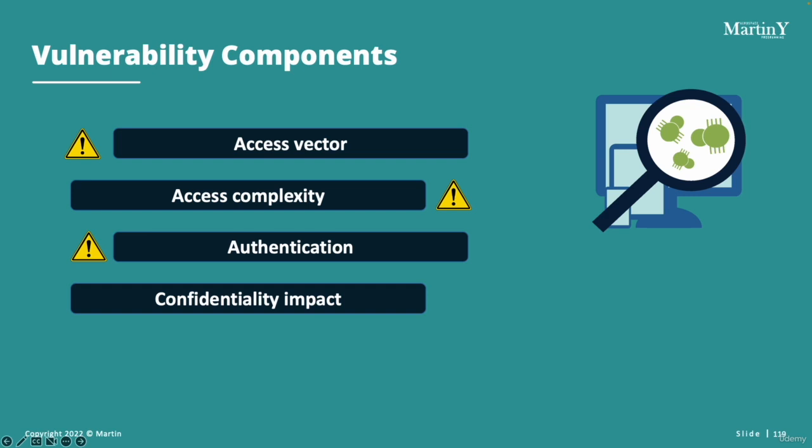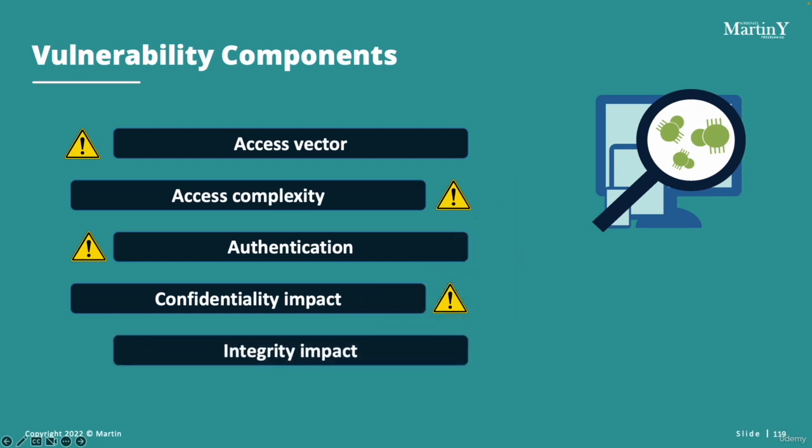Then we have the metric that measures the confidentiality impact of the information that the attacker gets when exploiting a certain vulnerability. Confidentiality refers to limiting access and disclosure of information to authorized users, as well as preventing access by unauthorized users. So here, the greater the impact on confidentiality is, the higher the vulnerability score would be.